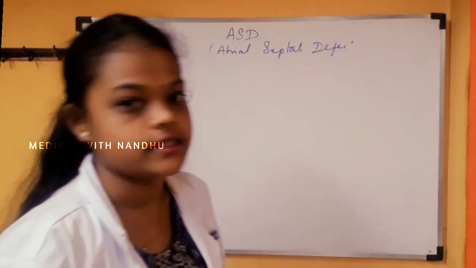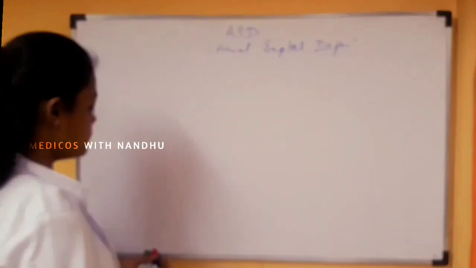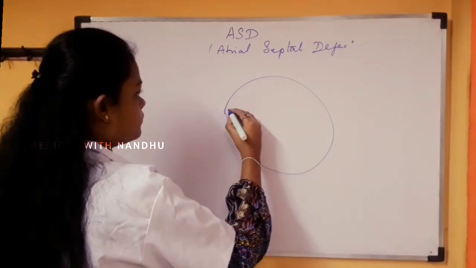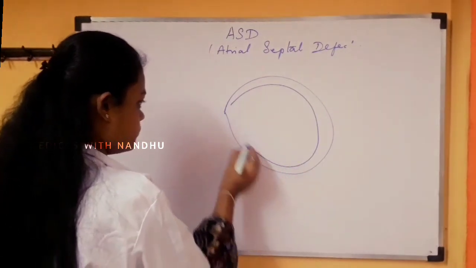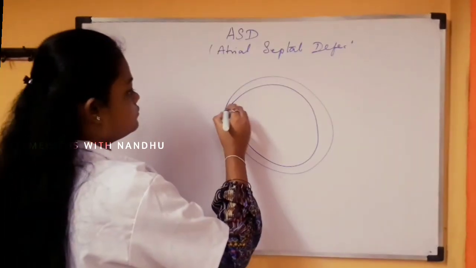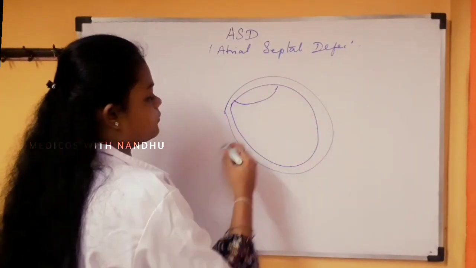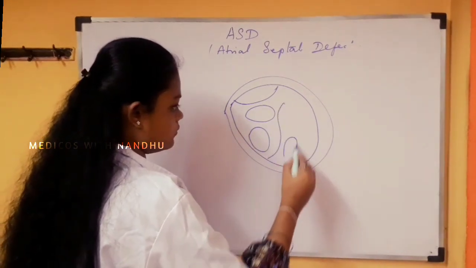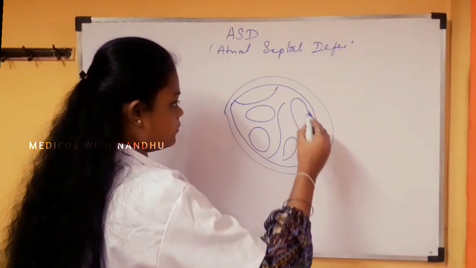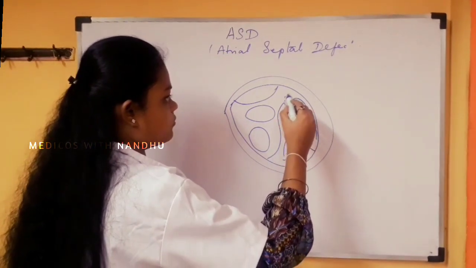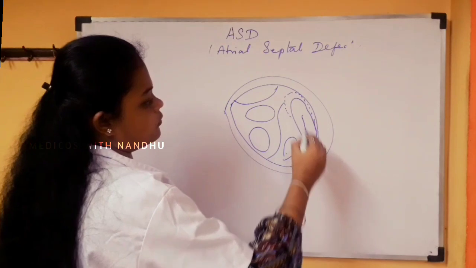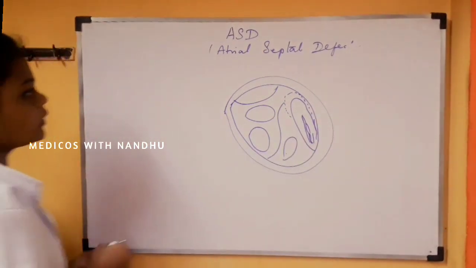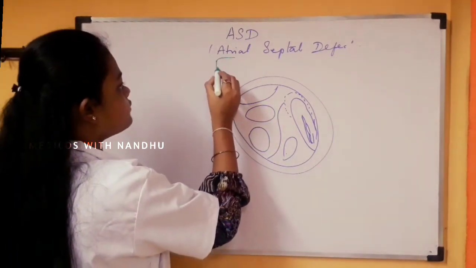The types of ASD are as follows. This is the superior vena cava which is present here.